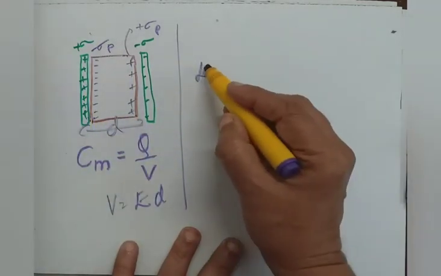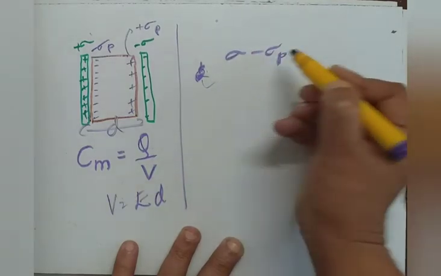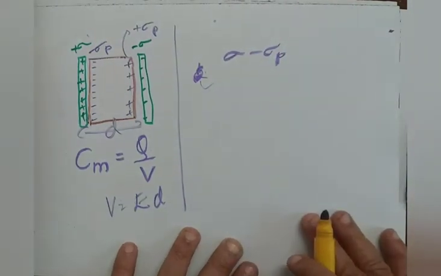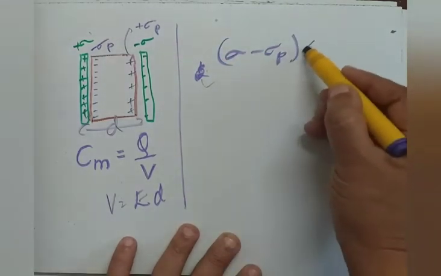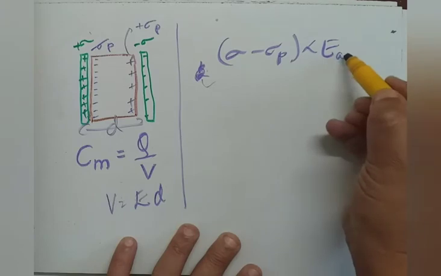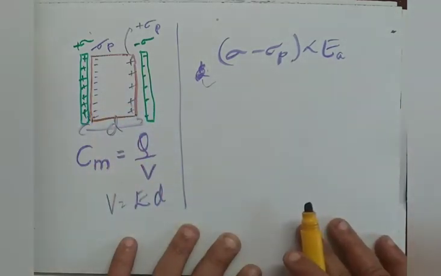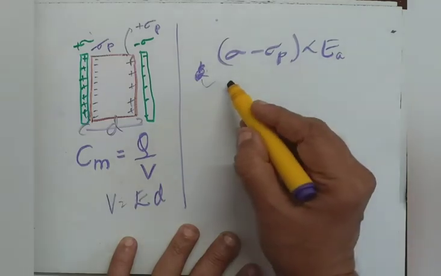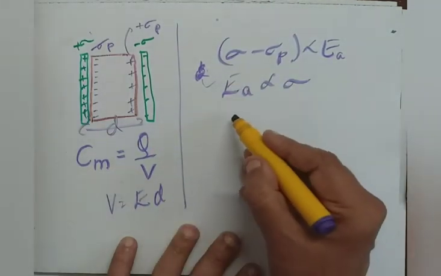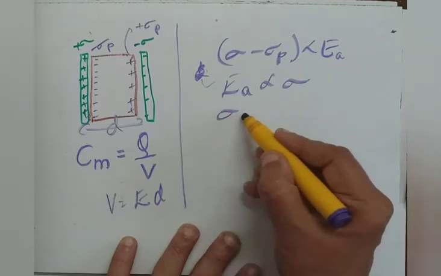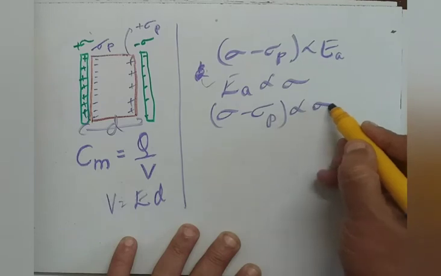The effective charge density is sigma minus sigma p now. But sigma minus sigma p we can write as proportional to E applied, that means what we applied, plus sigma and minus sigma. But we know E applied is proportional to sigma, the charge density on the plates. Therefore, sigma minus sigma p is proportional to sigma.